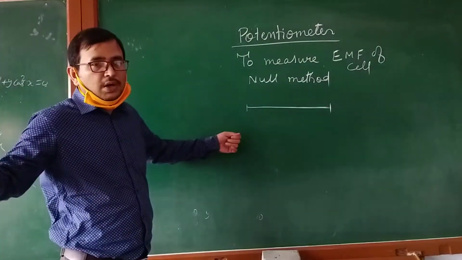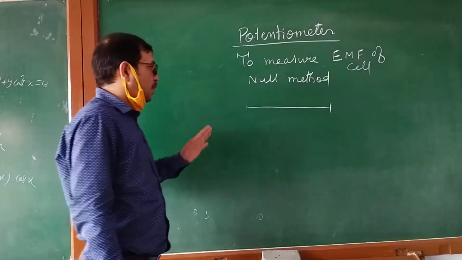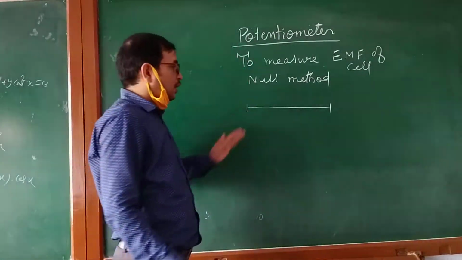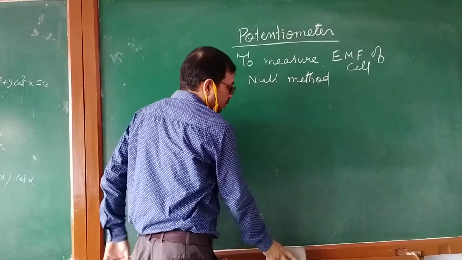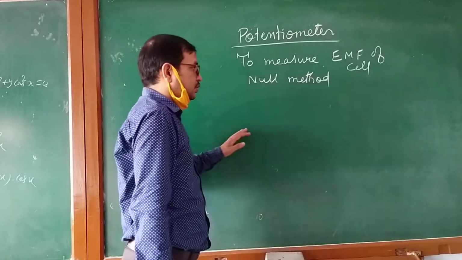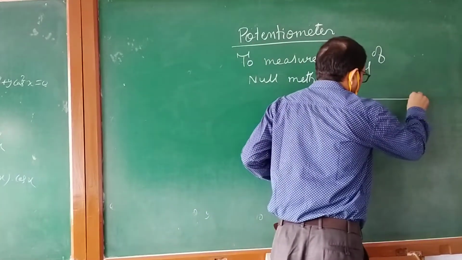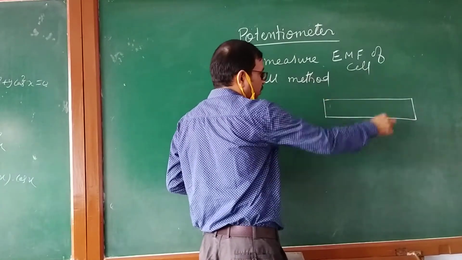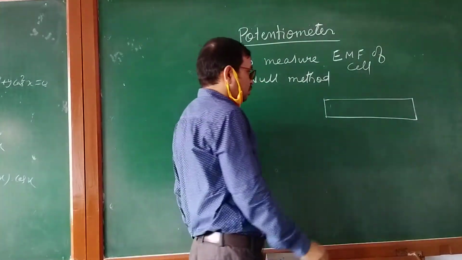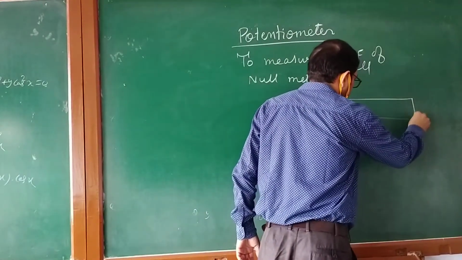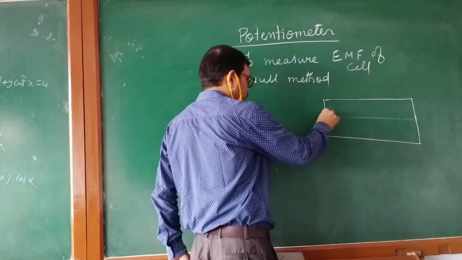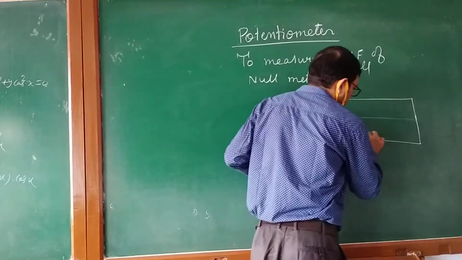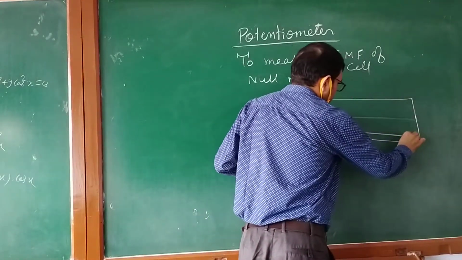We will take one long wire, and that long wire may be 800 centimeter, 1000 centimeter. How this is drawn, you can see: this is a wooden box of length 1 meter. Now in this wooden box, a 100 centimeter wire is drawn like this.